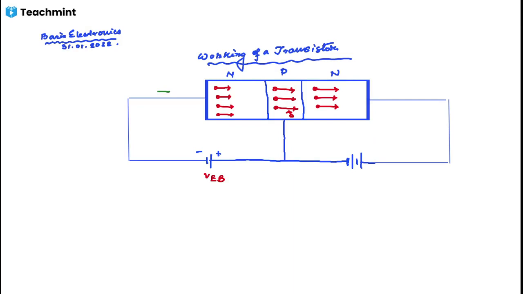The current is flowing this direction, IE, emitter current. And the collector current is flowing this direction, IC. And the base current is flowing this direction, IB.